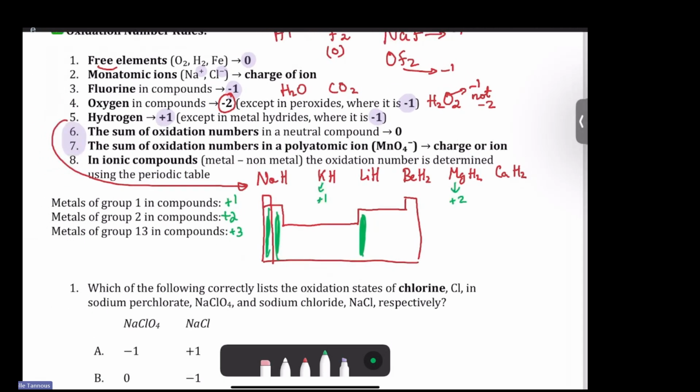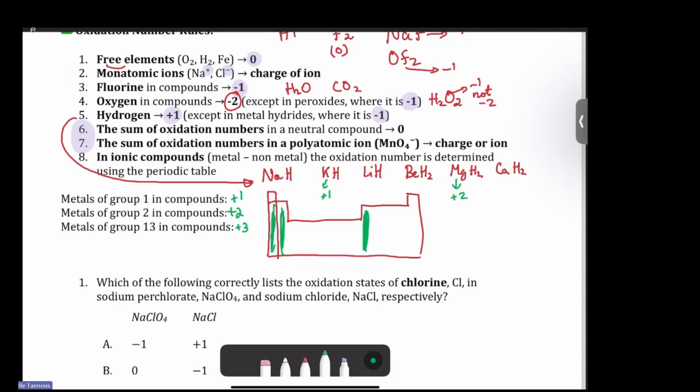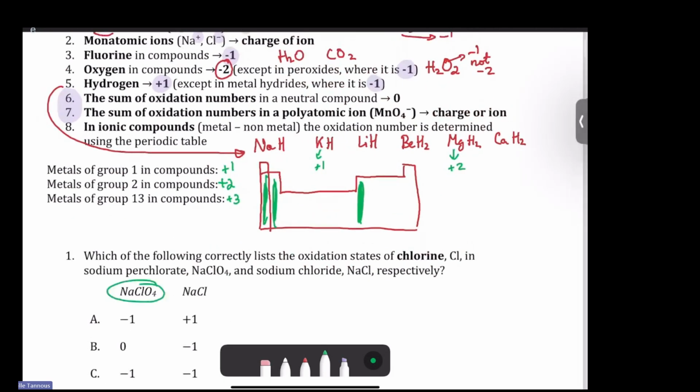So if I have a compound and I don't know the oxidation number, I'm going to take those examples later on. You can use the concept of groups 1, 2, and 13 to have a fixed oxidation number in compounds. The sum of oxidation numbers in polyatomic ions is the charge.